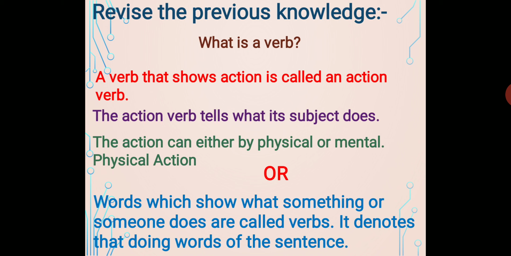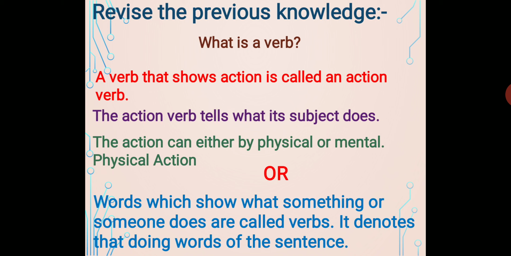It shows us what the subject is doing. Here, subject means noun. What is the noun doing in the sentence? And the verb can be a physical action or a mental action. Physical action is the action done by our parts of the body, means clapping, running, jumping, etc. And mental action means remembering, thinking, dreaming are the mental actions.